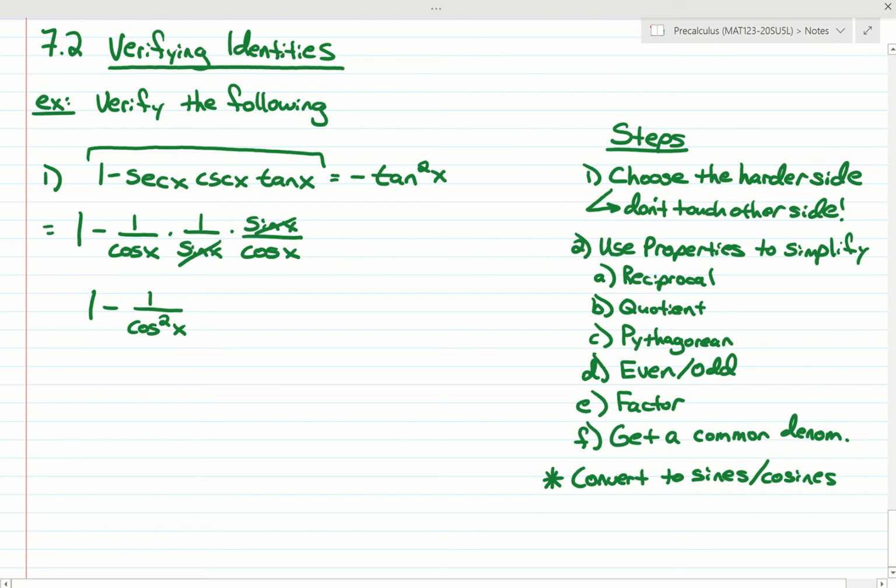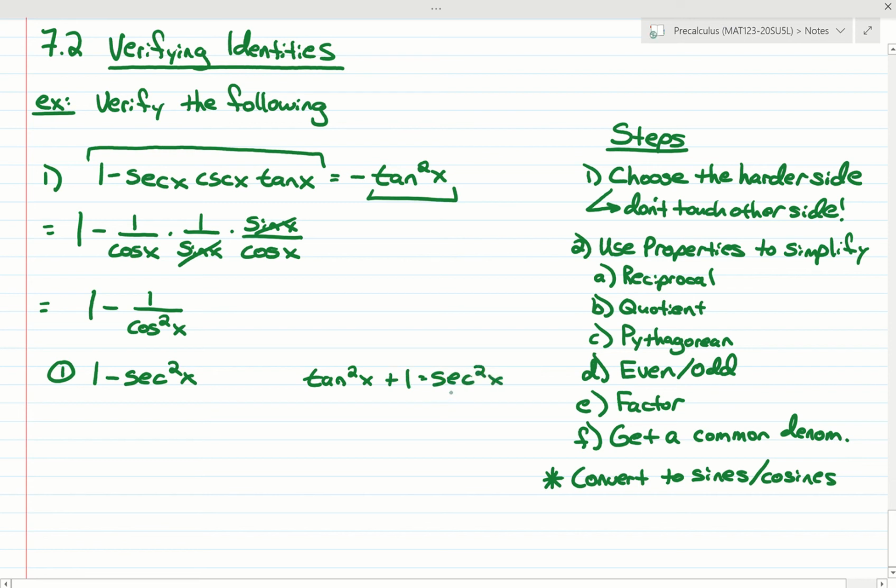Now for these problems, usually there's multiple ways to finish them. One thing we could do from here is we could say that this is 1 minus the secant squared of x. And that kind of looks like a Pythagorean identity. If you take a look at what we have, secant squared and tangent squared, there's an identity that says tangent squared plus 1 is equal to secant squared.